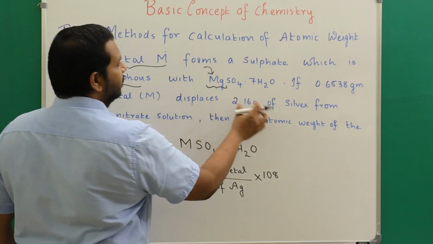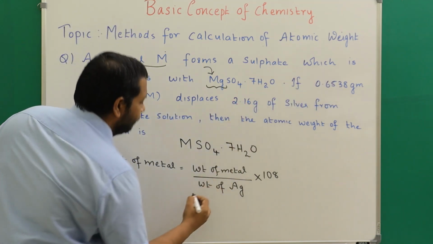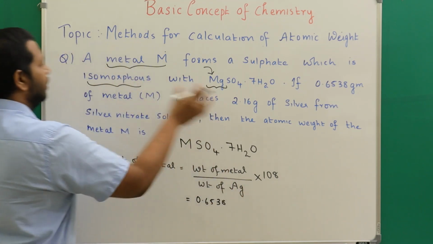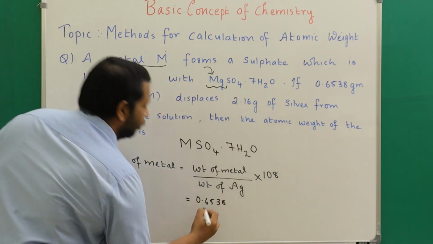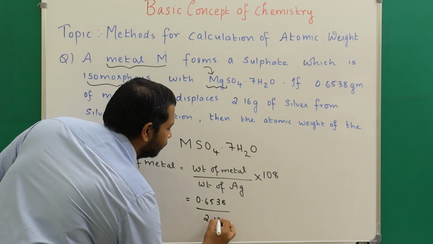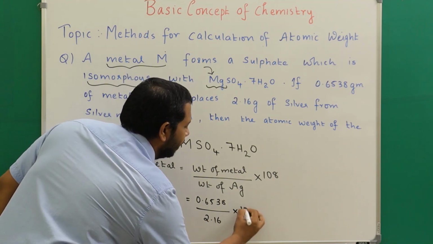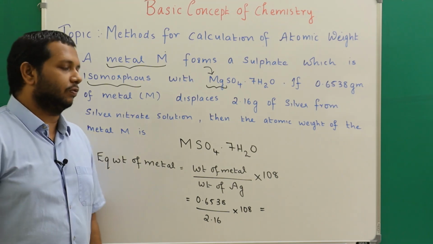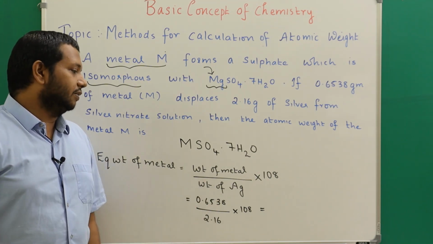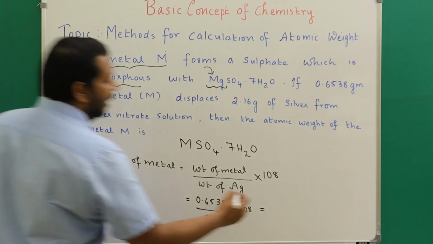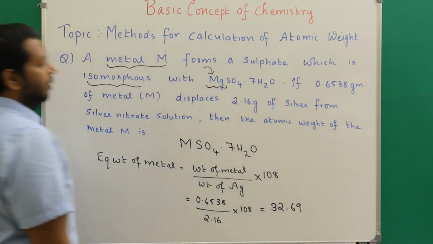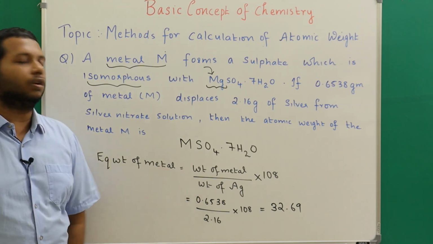How much is the weight you have obtained? 0.6538, correct. And it displaces how much silver? 2.16, into 108. From this I will get the equivalent weight of the metal. If I calculate this, I will get the equivalent weight of the metal as 32.69. I got the equivalent weight.